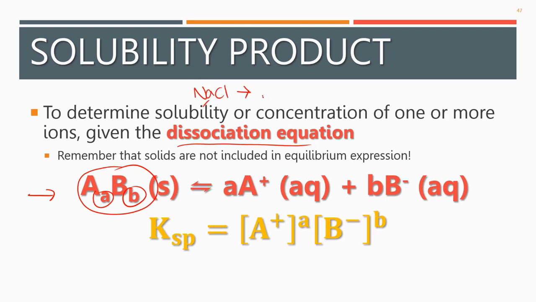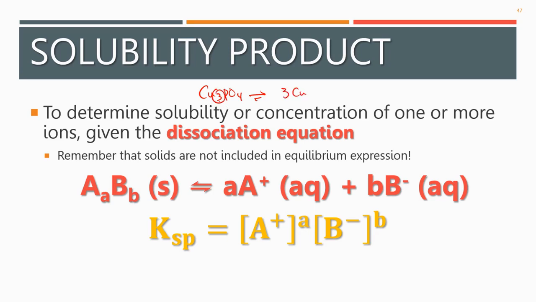So this would form Na plus and Cl minus. In other substances, let's say we got, for example, copper 1 phosphate, so we'd have Cu3PO4. This breaks up into 3 Cu. So the subscript becomes the coefficient, and that's what we're seeing here. The subscript becomes that coefficient.